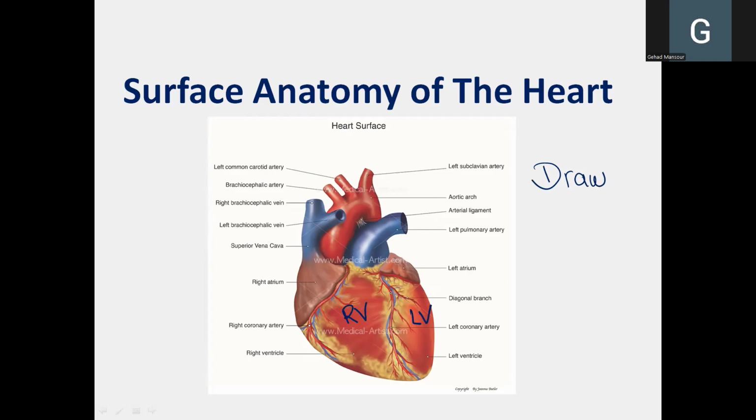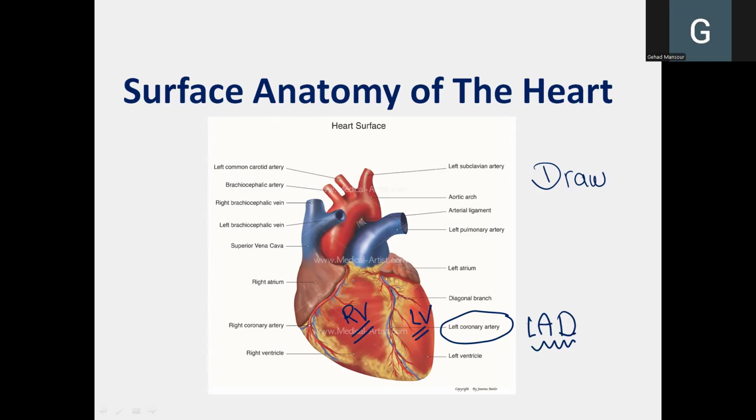In between them, you have an oblique groove, where you have this branch of the left coronary artery, and we call it the left anterior descending branch of the coronary artery. It lies in the surface groove between the right ventricle and the left ventricle.